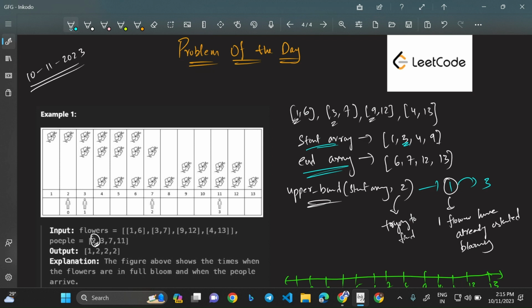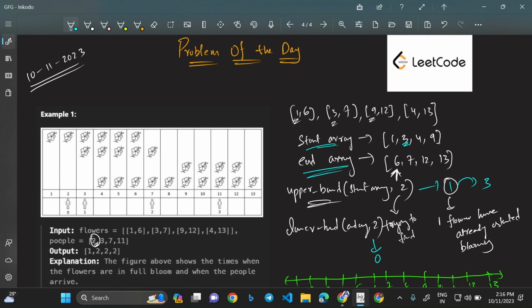So when we apply lower bound on the end array with the value 2, it indicates this particular position. Lower bound gives the index of the element that is greater than or equal to 2. Because there is no 2 in the end array, it will point to this. This is basically the 0th index.